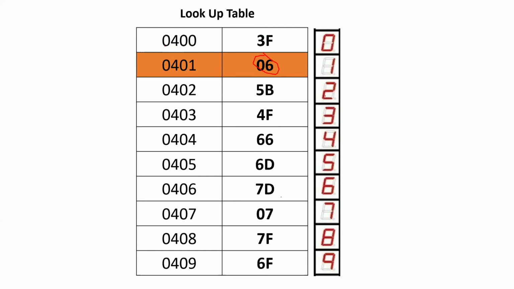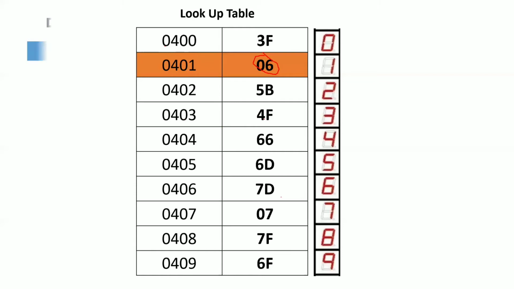If I want to get the value 2 code, which is 5b, I will use the address 0402. If you are smart enough, every time you don't need to know the exact address. The starting address 0400 remains the same. If I want to get the code for digit 3, I just add 3 to the starting address. So 0400 plus 3 becomes 0403, which is exactly the code of your 3. This is the trick we are going to use while writing the program.